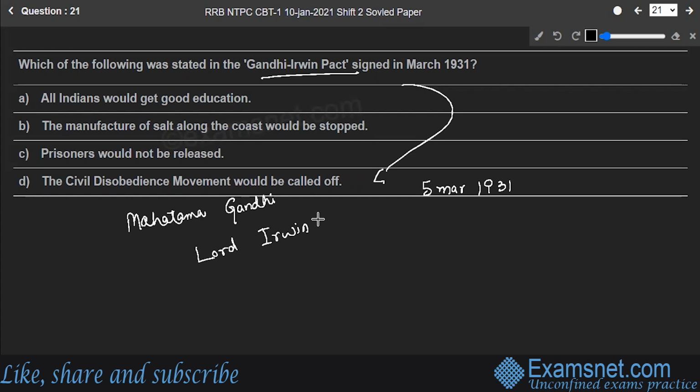Number two, the Indian National Congress will discontinue the civil disobedience movement, which is mentioned here. Number three, Congress will participate in the second round table conference. Number four, tax on salt will be removed. So option D is the correct answer to this question.